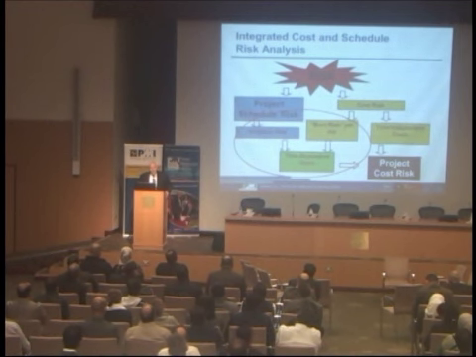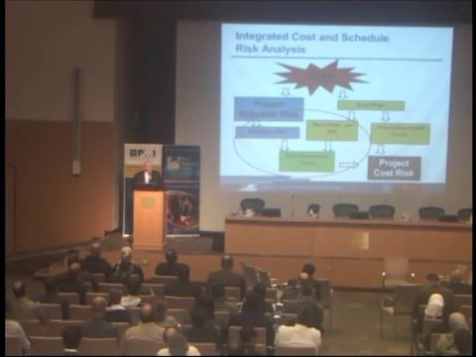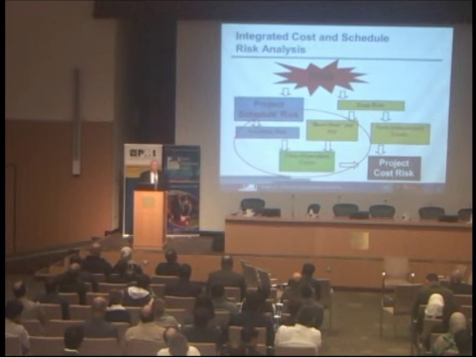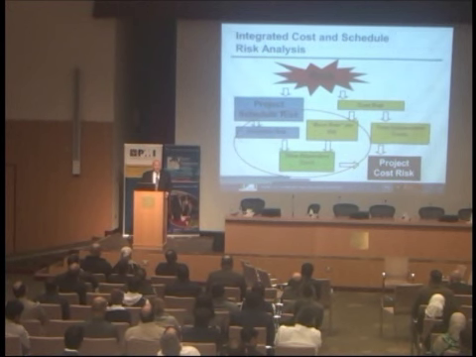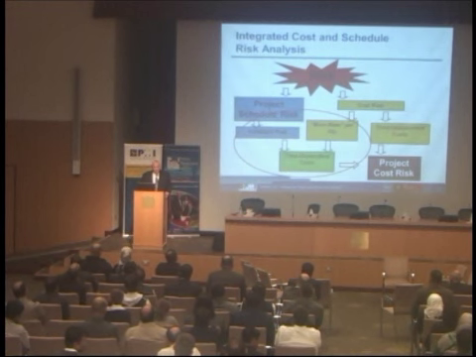And it turns out that some of the risks that are most important in driving the cost contingency reserve needed, say at the 80th percentile, are schedule risks. Sometimes as much as 40 or 50% of the cost risk is really derived from this interconnection, and schedule risk is driving that. If you don't do an integrated cost schedule risk analysis, you're going to miss a lot of cost contingency reserves necessary.